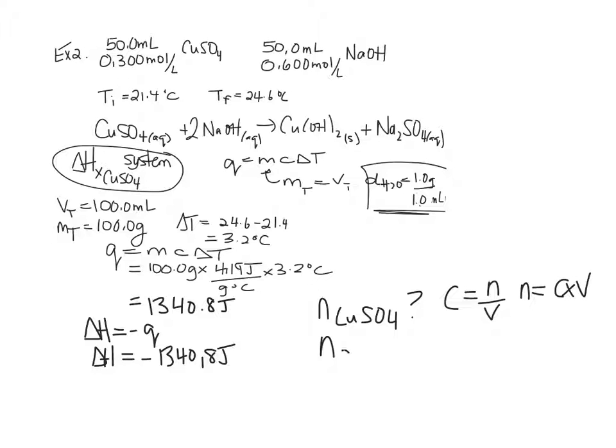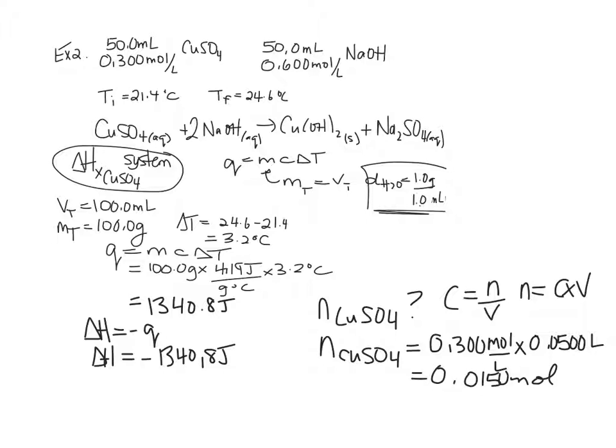So the moles of copper sulfate is 0.3 mole per liter times 0.05 liters. So we have 0.015 moles of copper 2 sulfate.